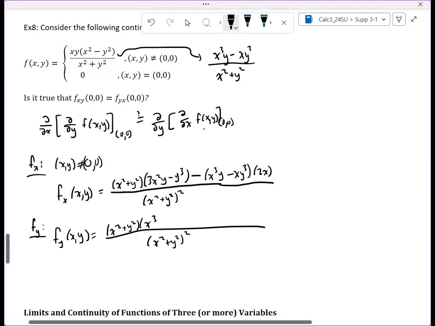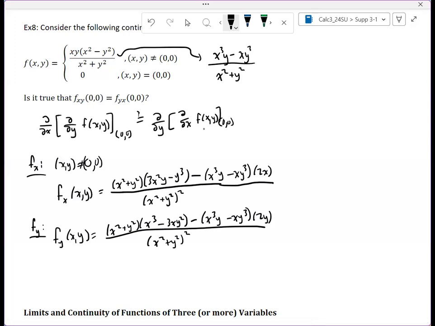So I get x cubed minus 3x y squared. So that's bottom times derivative of top with respect to y, minus top times the derivative of bottom with respect to y, which is 2y.